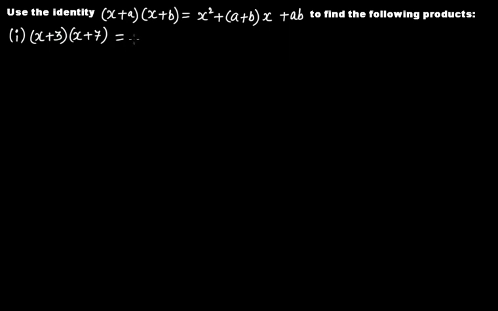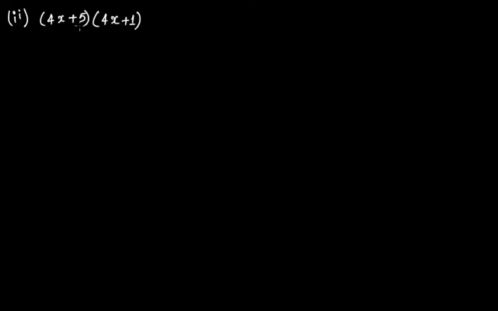So this will be equal to x squared plus (a plus b) means 3 plus 7, because this is a and this is b, x plus ab means 3 multiplied by 7. This gives you x squared plus 10x plus 21.